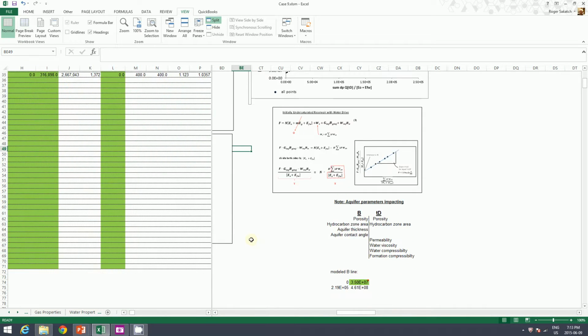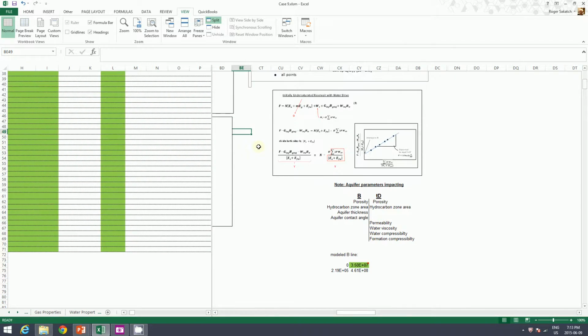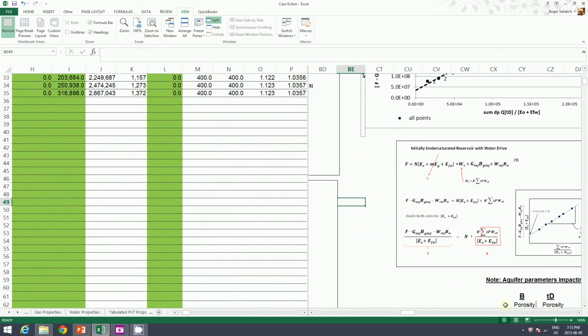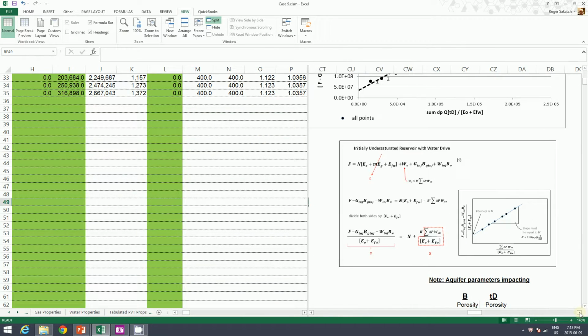Before we look at the analysis, I'm just going to zoom in and continue the discussion on the material balance equation. This is the same equation that we were looking at earlier. In this particular case, M is 0 because we're well above the bubble point. There is no gas cap, so we're going to strike that out.